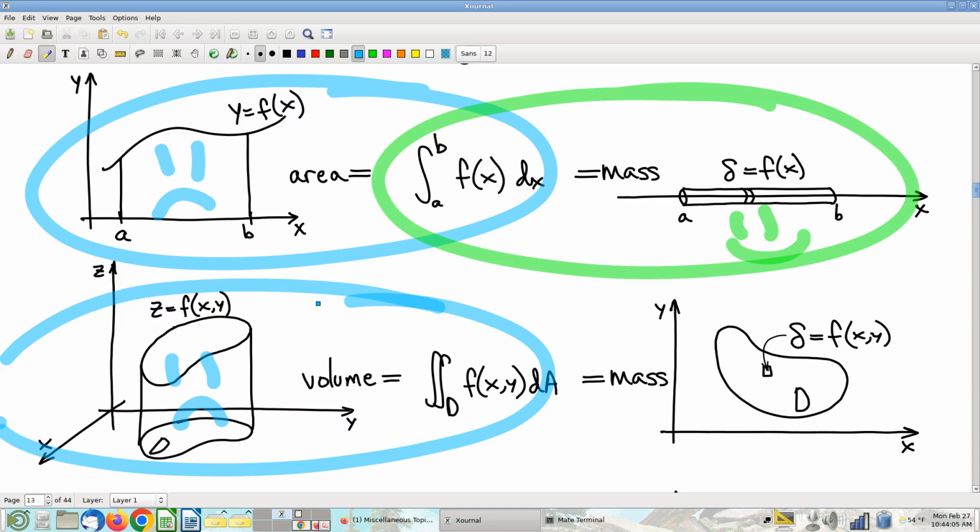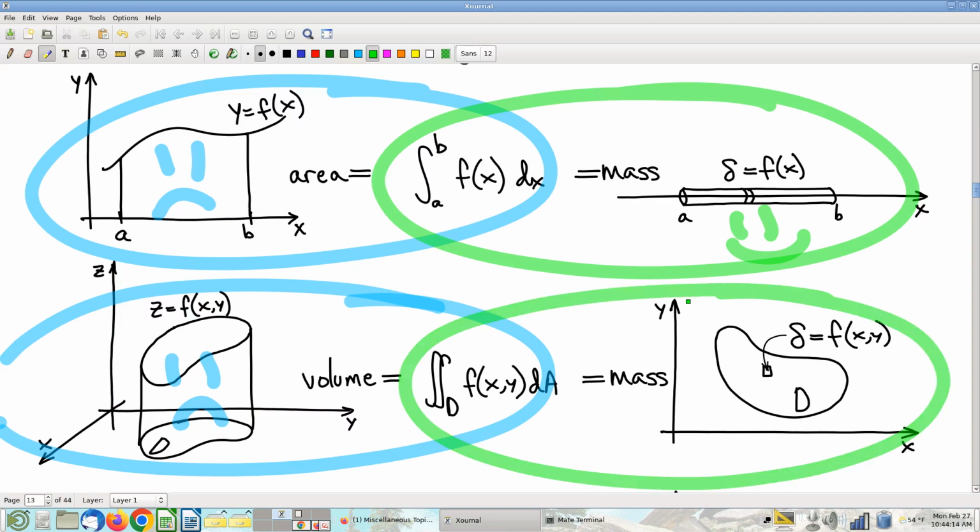Again, it's overused. I'm trying to pull students away from that and toward, instead, this kind of an example here, which I feel is a little more geometrically representative of the idea that we have a two-dimensional domain.